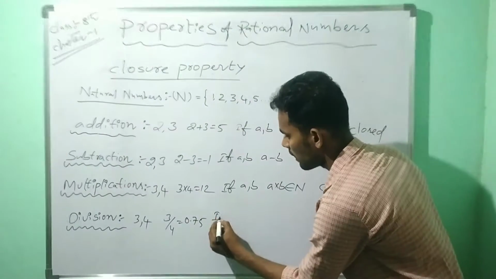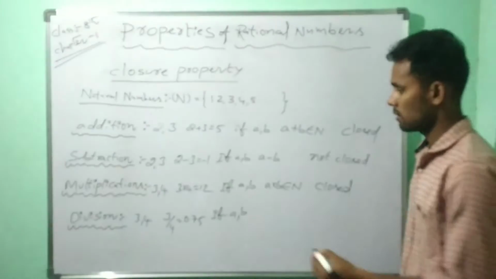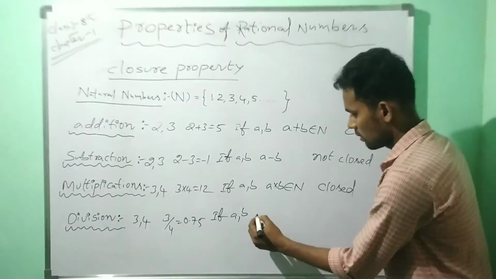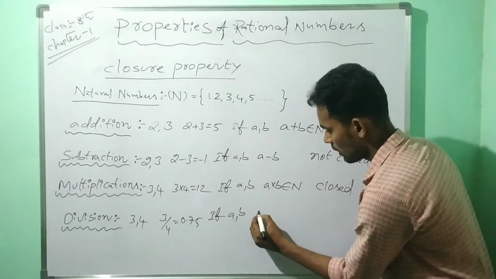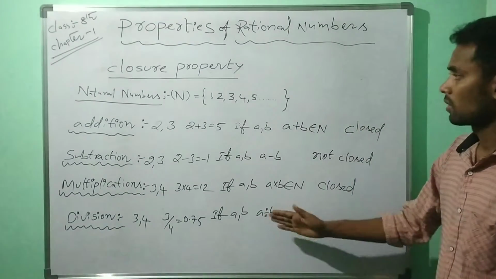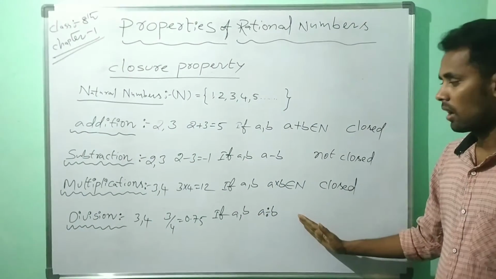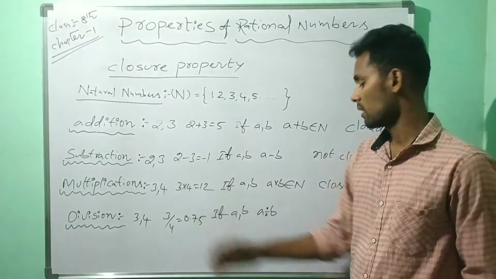If A and B are any two natural numbers, the quotient A divided by B is not a natural number. So natural numbers are not closed under division.